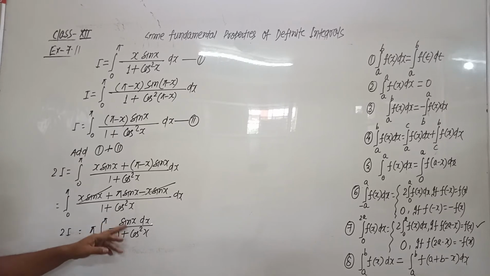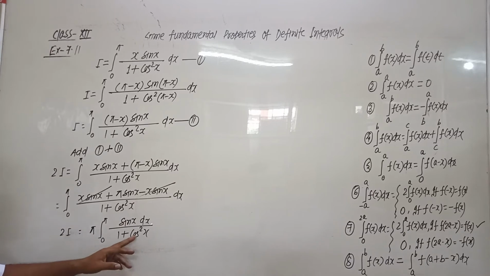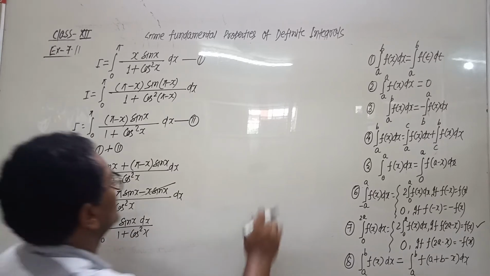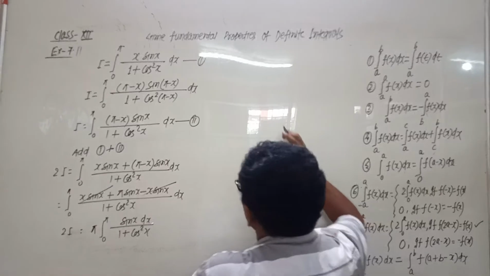Now sin x dx is the differentiation of cos x, so we put cos x equals t.